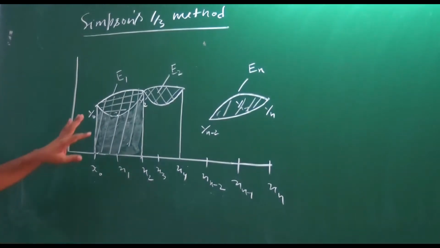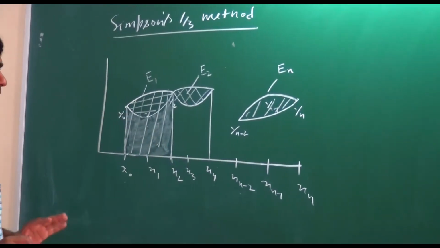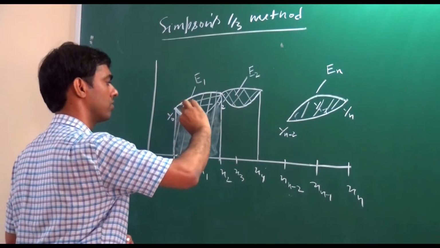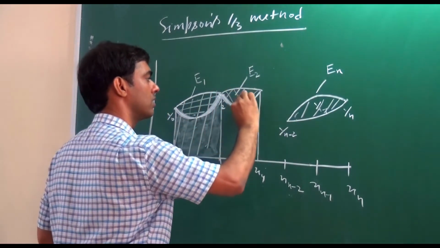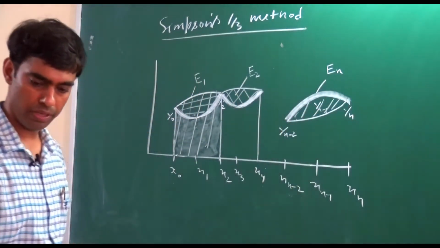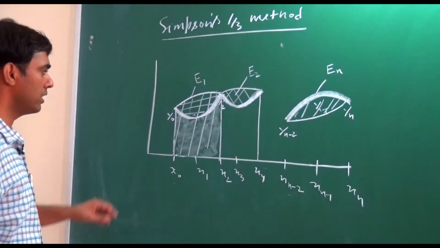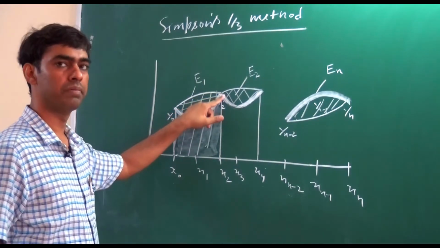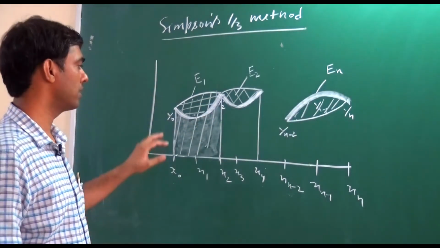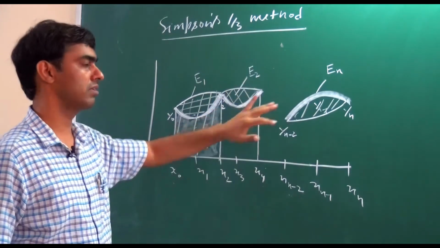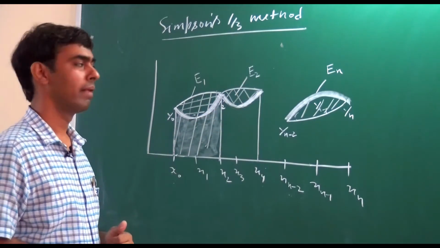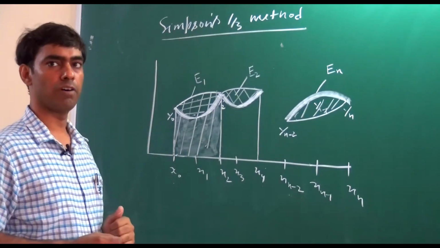Now we fit the polynomial of degree 2, we fit this curve, this curve, this curve. Now the question is how we find these curves. Once we find the mathematical equation of these curves, then we are able to find the Simpson 1/3 formula.